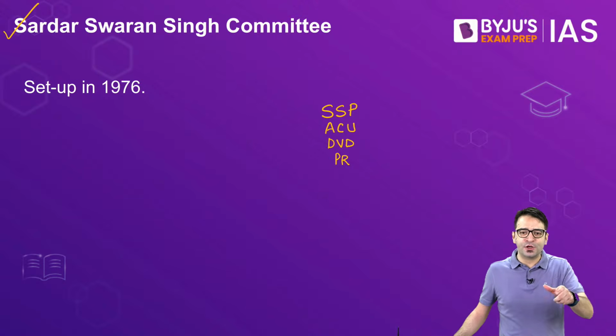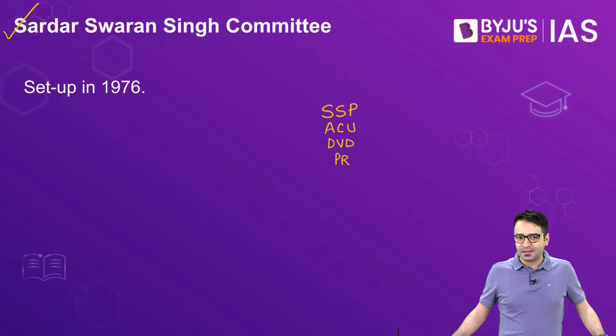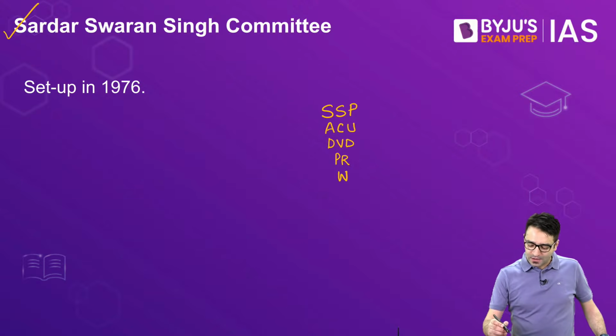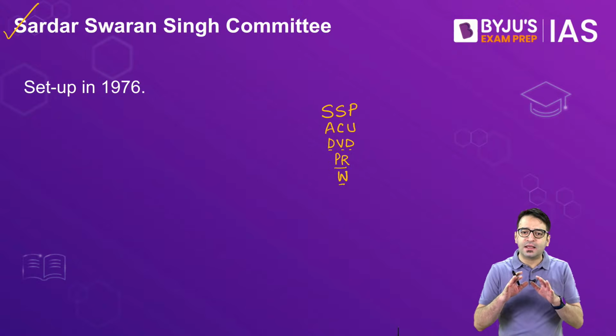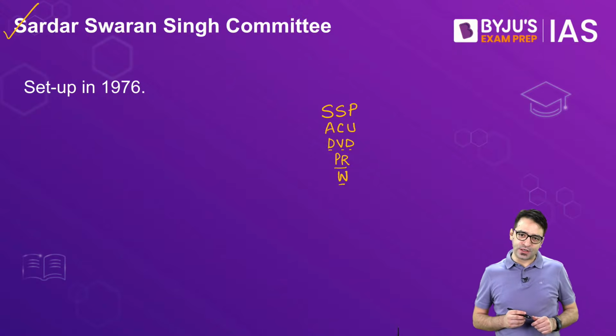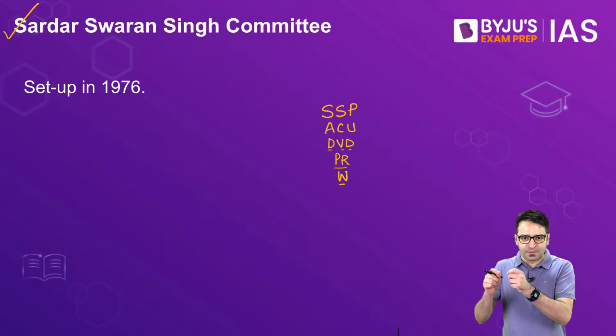Please don't publish the news of my arrest. The nation does not want to know that I'm being arrested on charges of corruption. And ultimately, what will happen? You will win. 1, 2, 3, 4, 5, 6, 7, 8, 9, 10, 11. These are the 11 fundamental duties. Using this acronym, you can remember these 11 fundamental duties.